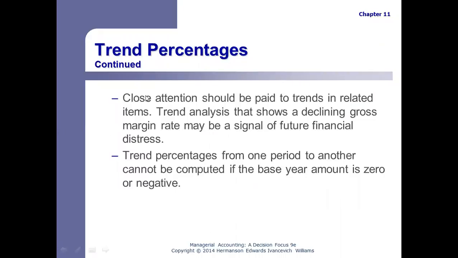As you'll see throughout this chapter, horizontal and vertical analysis, trend percentages, and ratios by themselves don't mean a whole lot. They're just indications of things we should be looking at. They don't tell you the whole story. It's just a starting point for then finding out about the story.